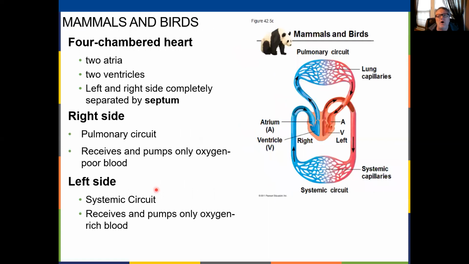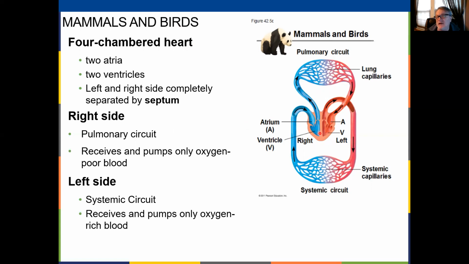Finally, our last case is what you're probably much more familiar with because this is what mammals have, but this is also what birds have. So even though birds evolved from reptiles, they independently developed really the same type of circulatory system as a mammal.